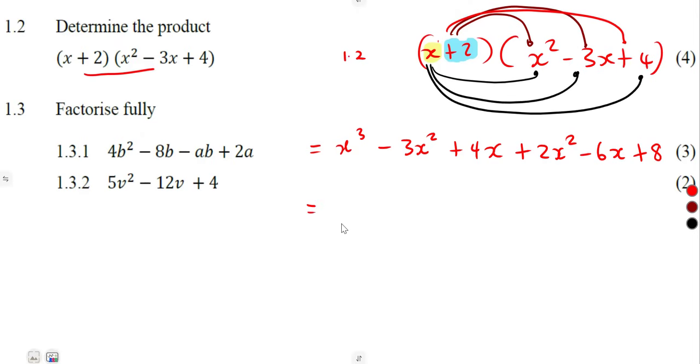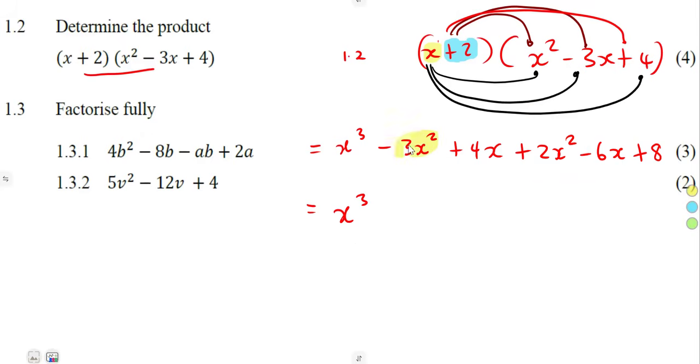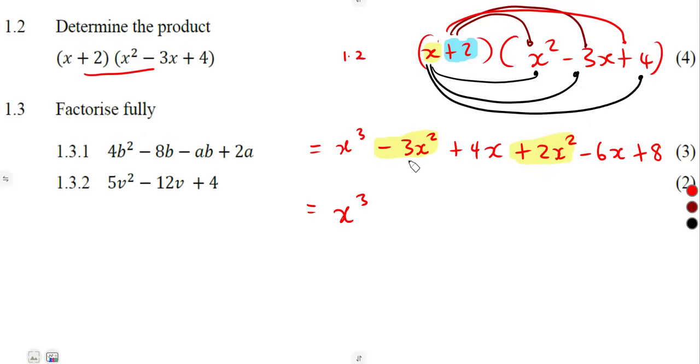So what you can do is collect the like terms. In our case, we have this part with minus 3x squared. There is also 2x squared here. So those are like terms. So that's minus 3 plus 2, that's minus 1, so that's minus x squared, all right?